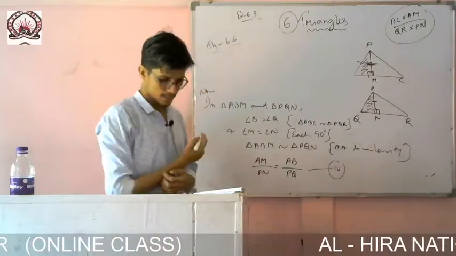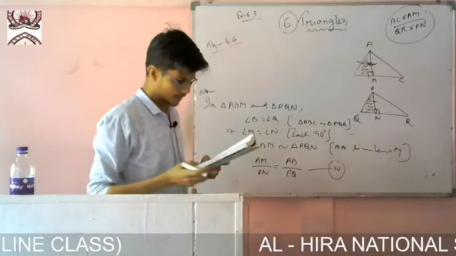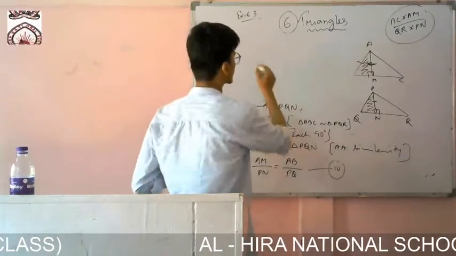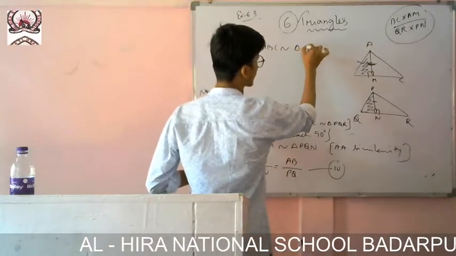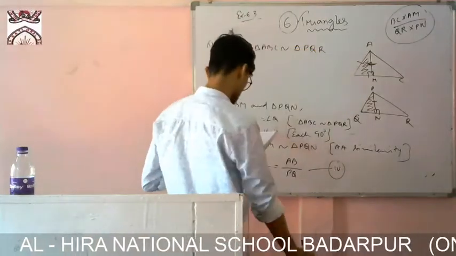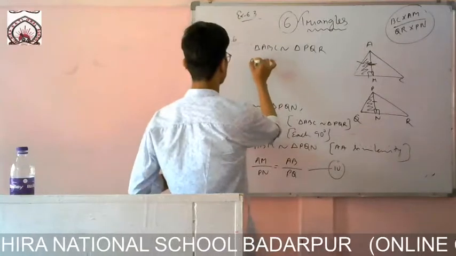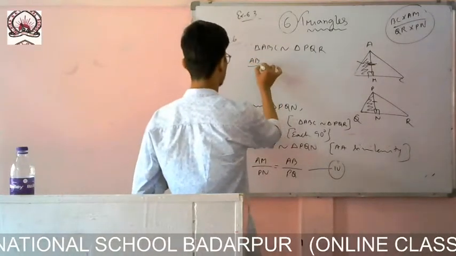After that, since triangle ABC is similar to triangle PQR, the ratio of their corresponding sides will also be equal.